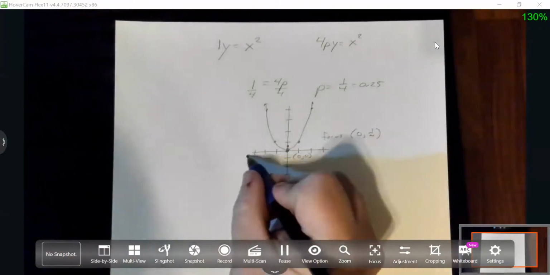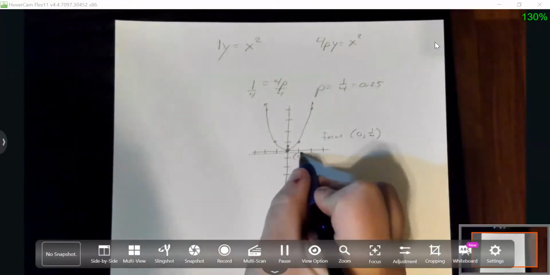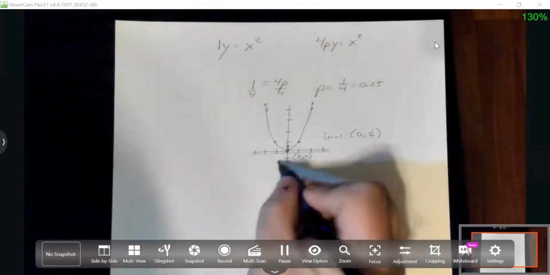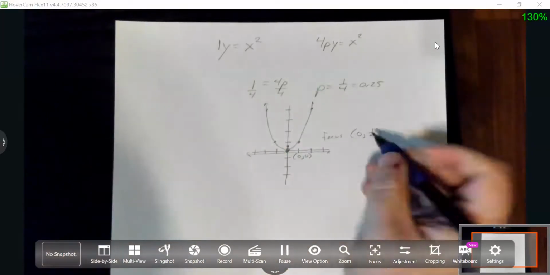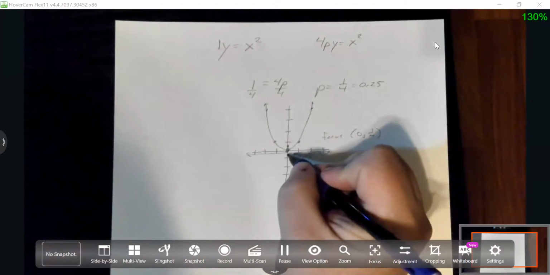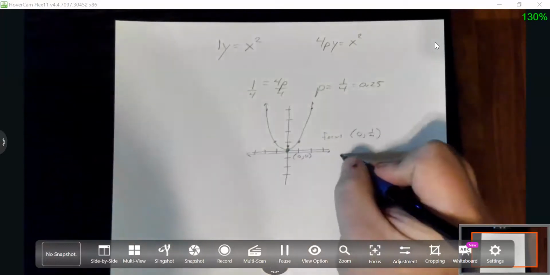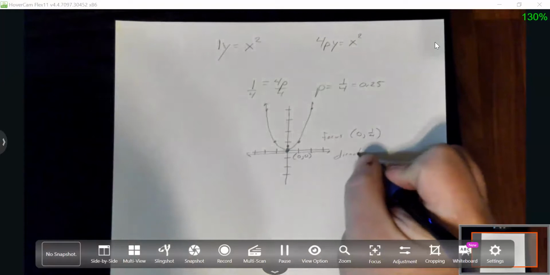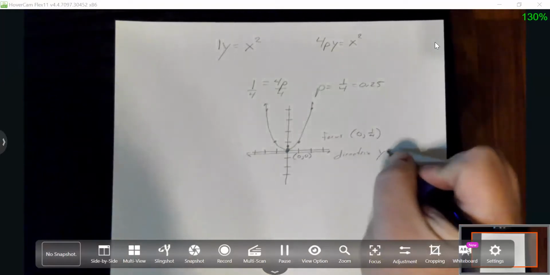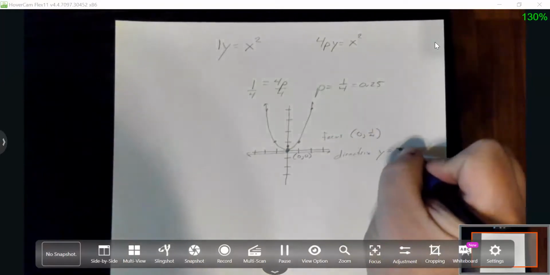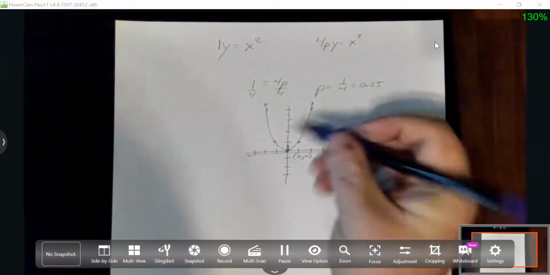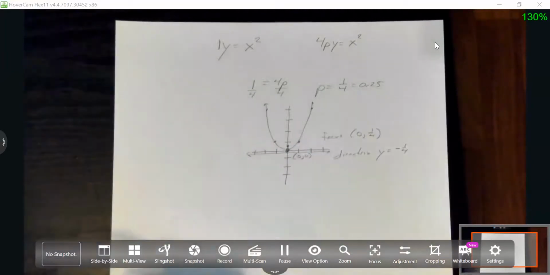My directrix, that line that kind of centers the parabola, is actually just that p-value down from it. So my directrix would have an equation y equals -1/4. It's actually just moved down 1/4 from the vertex.